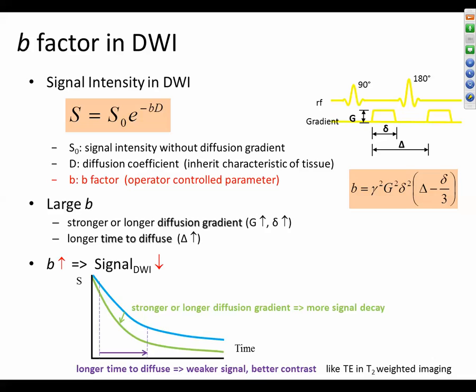This is just like the TE in T2 weighted imaging. A smaller B or smaller TE will have a larger signal. A larger B or longer TE, then the contrast will be better.